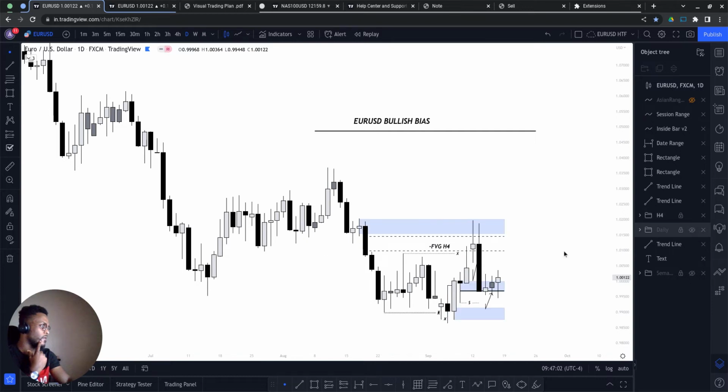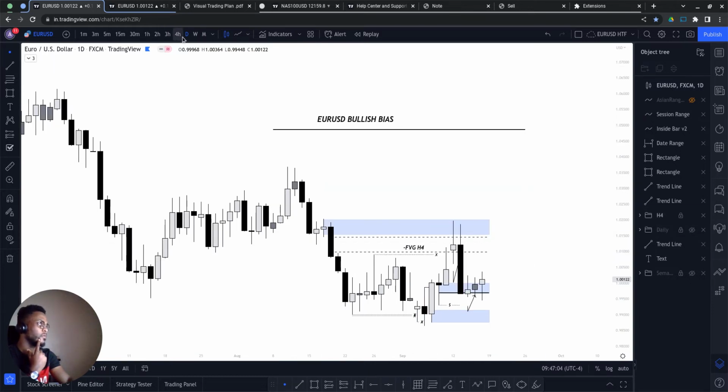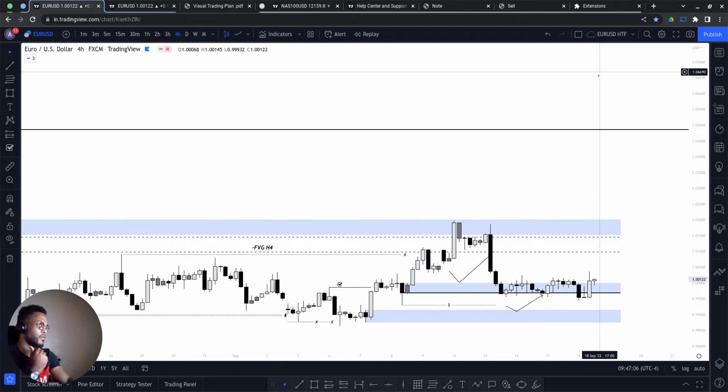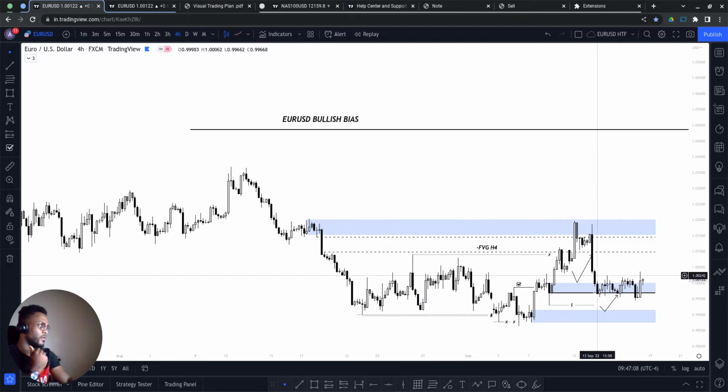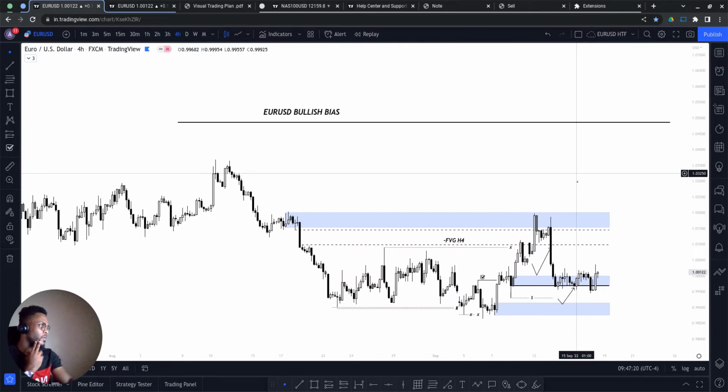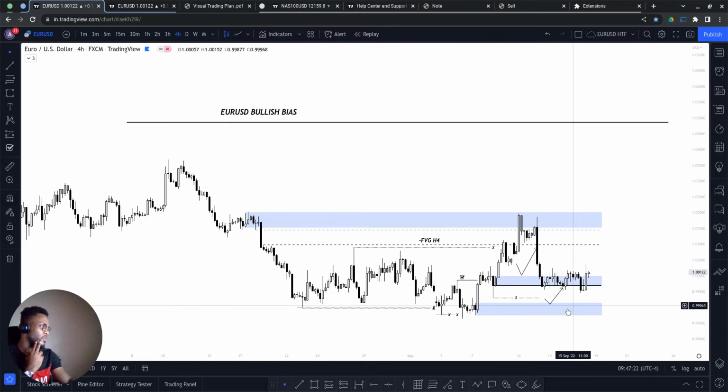And from the 4 hour, I wanted this to happen, and then we go here. But as I said, Monday opened and we went straight up into that zone. I was expecting price to react from these zones.